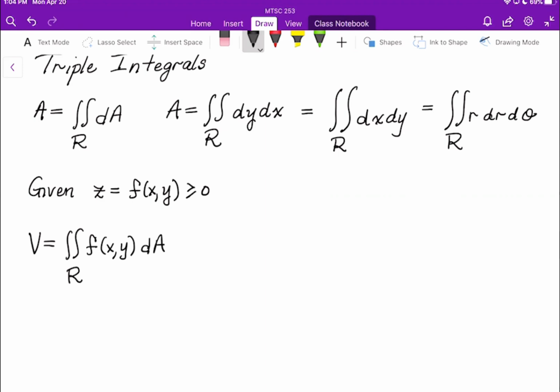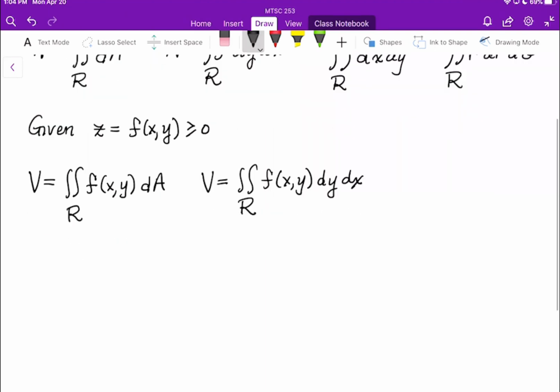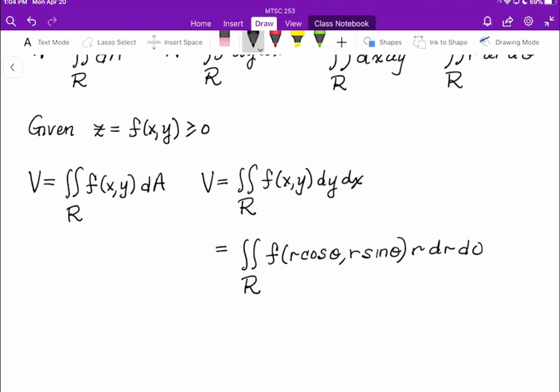So that means that we could say the volume is the double integral over the region of f of x y dy dx, and that's also the double integral over the region f of r cosine theta, r sine theta, r dr d theta.